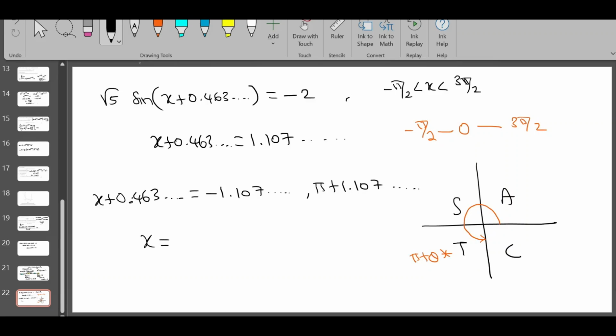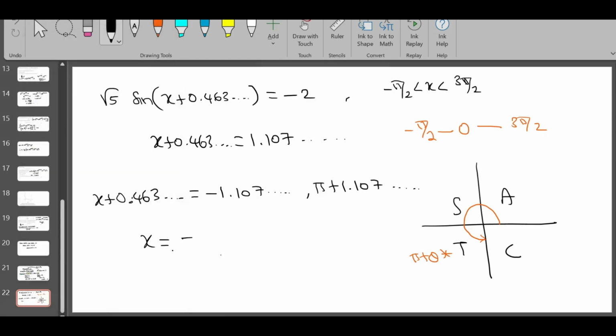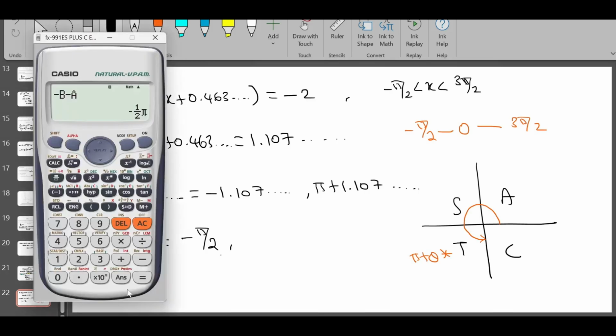Get the answer. So the first one is minus b, I stored the value as b, minus 0.463 dot dot dot, I stored the value as a. So I'm getting minus pi over 2 here. Okay, so the second value now: pi plus b, minus 0.463, that's a.